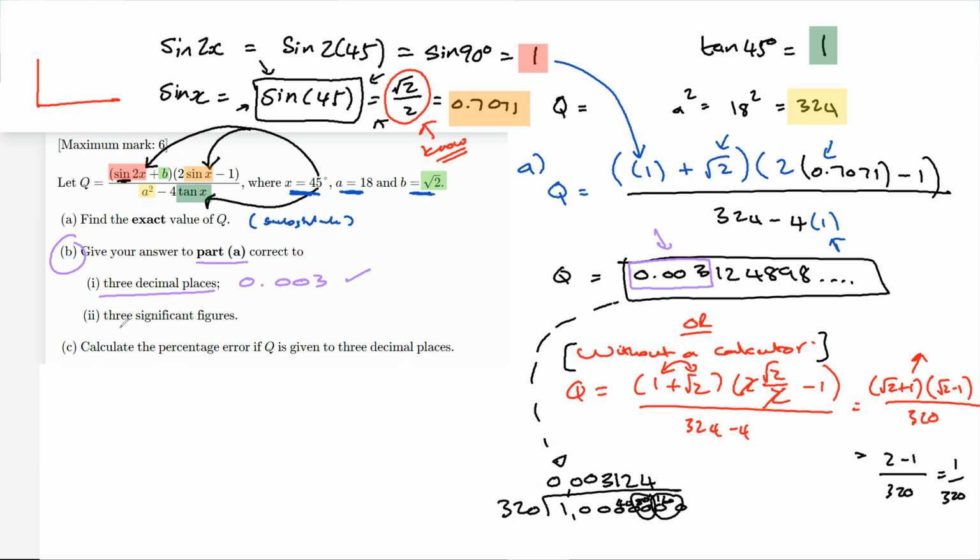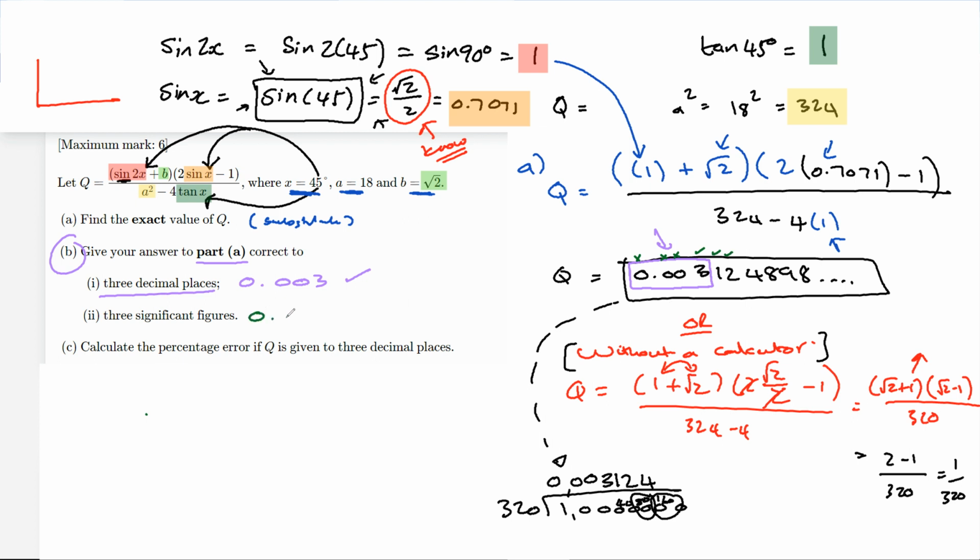All right. 3 significant figures means that you need to remember which digits are significant. So when it comes to significant figures, if you've got 0.003124, these zeros are not significant, not significant. But 3, 1, and 2 are significant.